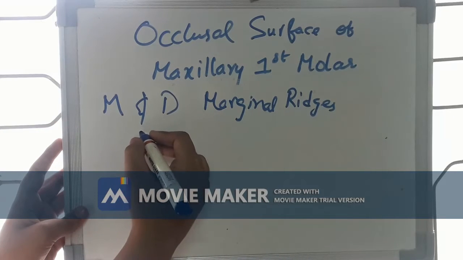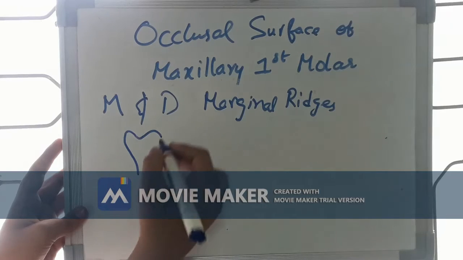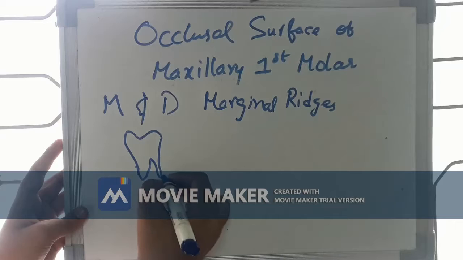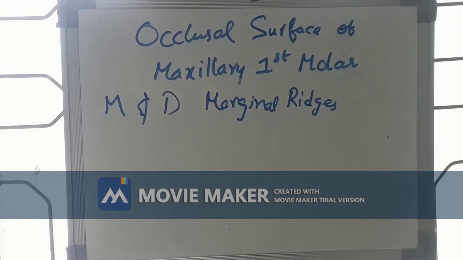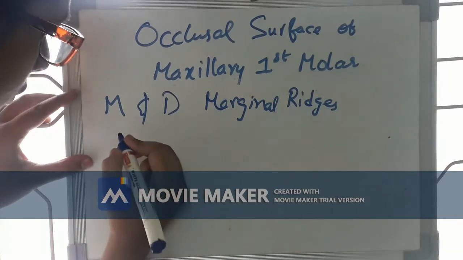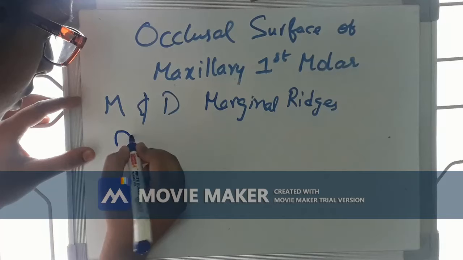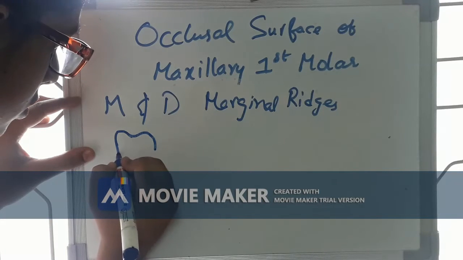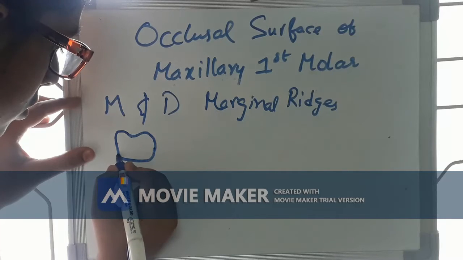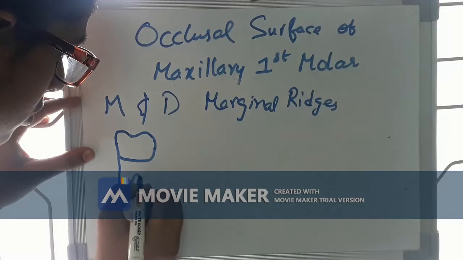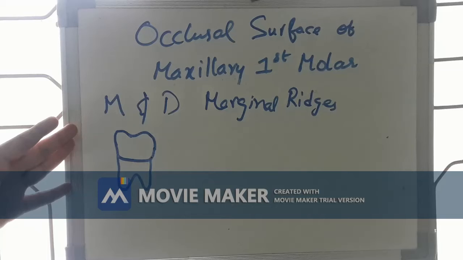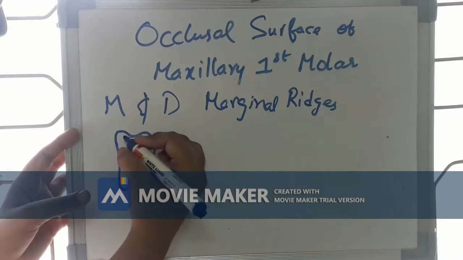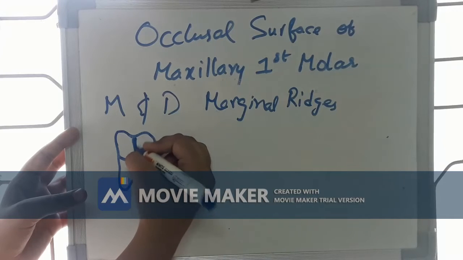Imagine this is a mesial aspect of the maxillary first molar. Here we have the mesial marginal ridge.